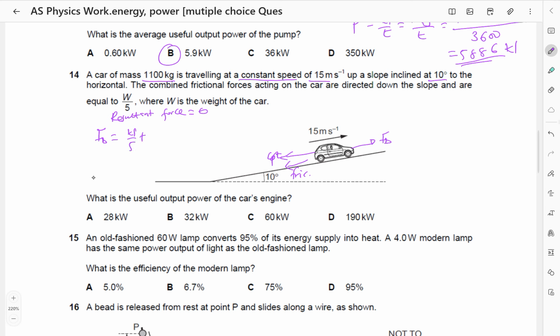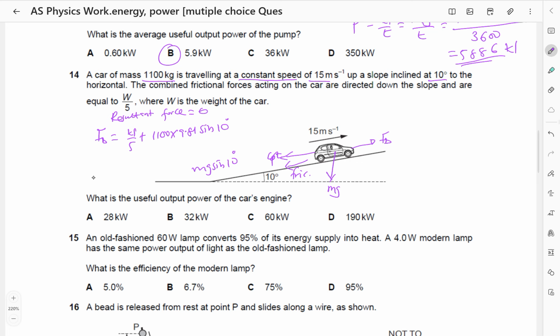So we are going to resolve the weight down the slope. Remember, the weight is mg. So the component down the slope is going to be mg sine of 10. So this will be m, which is 1,100, times g, which is 9.81, sine of 10 degrees to find the component down the slope.